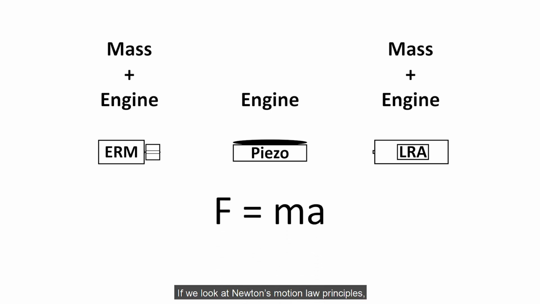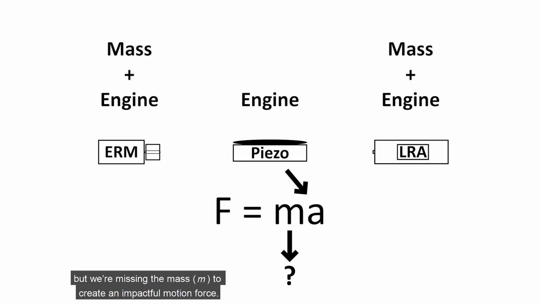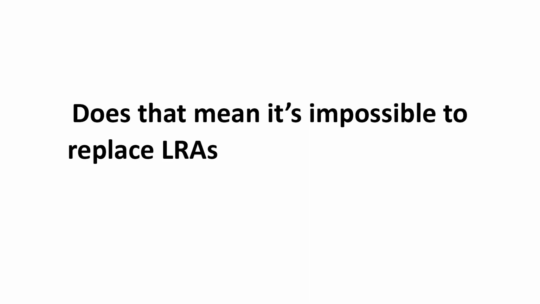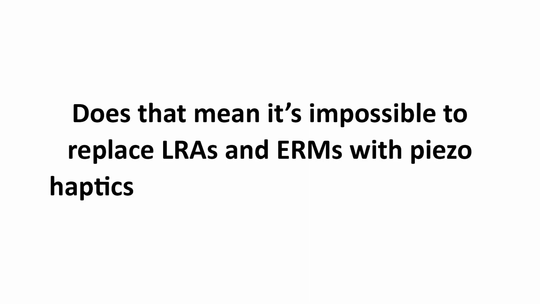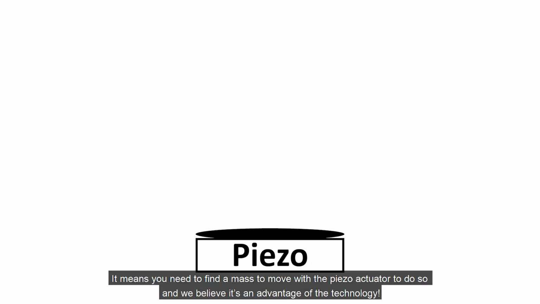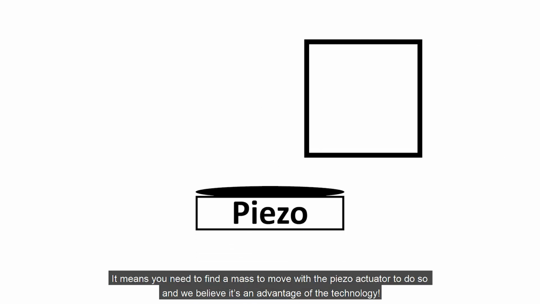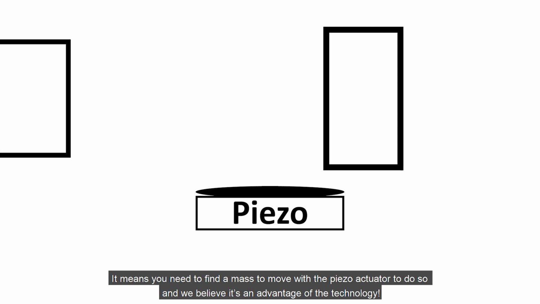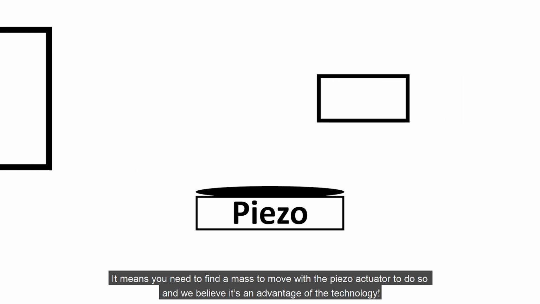If we look at Newton's motion law principles, the piezo actuator is the engine and generates acceleration, but we're missing the mass to create an impactful motion force. Does that mean it's impossible to replace LRAs and ERMs with piezo haptics to vibrate a complete device? No. It means you need to find a mass to move with the piezo actuator to do so, and we believe it's an advantage of the technology.